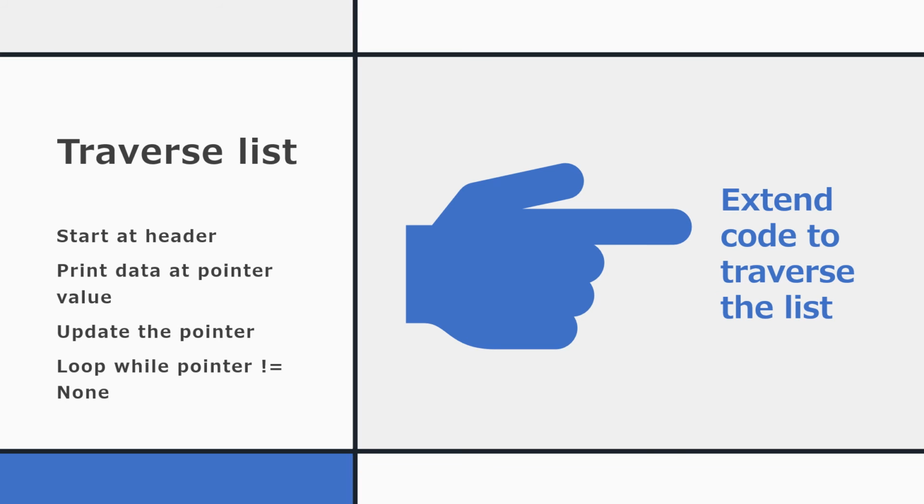At that point, we've reached the end of the list. So again, pause the video, see if you can change the lines that we've just written so that we're now traversing the list repeatedly until the pointer is none. Don't worry, I'm going to show you the answer in a second or two. So pause the video, have a go. What's the worst that can happen?